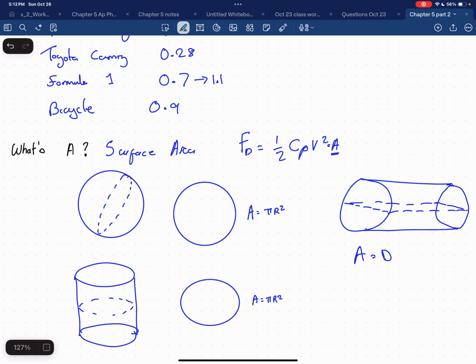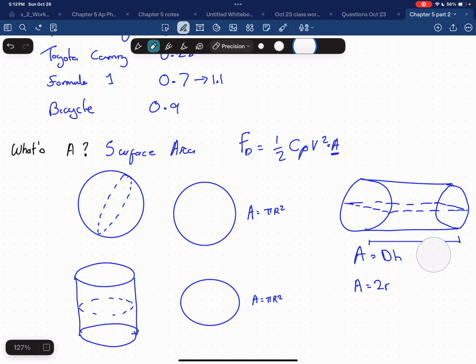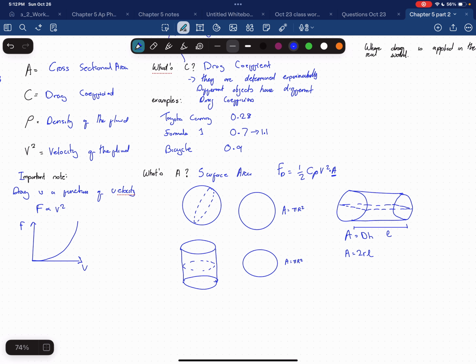So diameter times the length, let's say h, or, like your book says, the diameter is just 2 times the radius, so 2r, and the length L, and the cross-sectional area will be 2rL. So yeah.